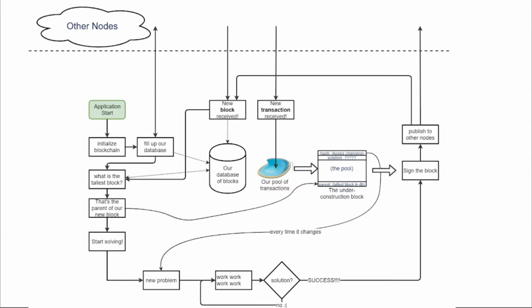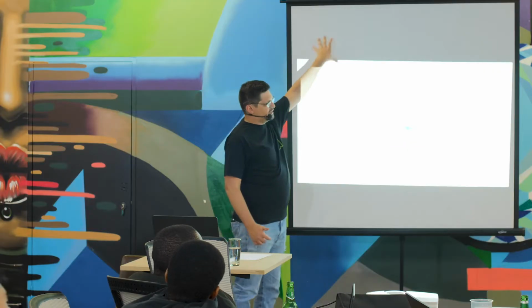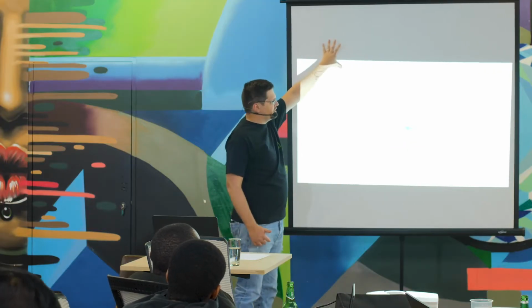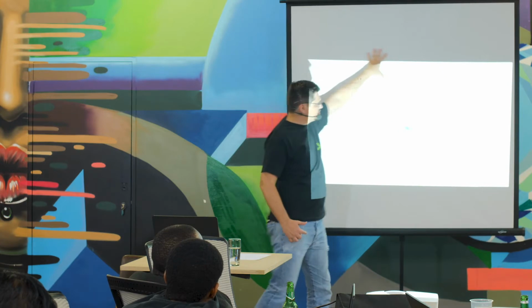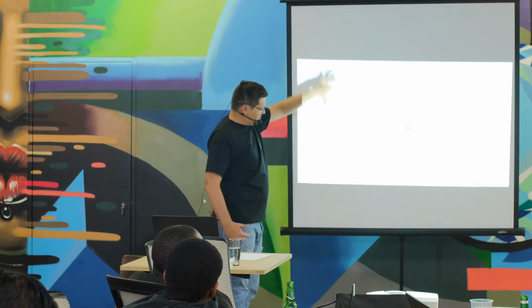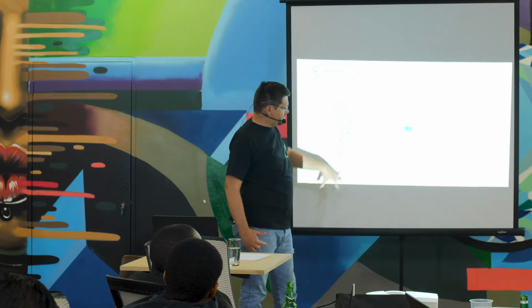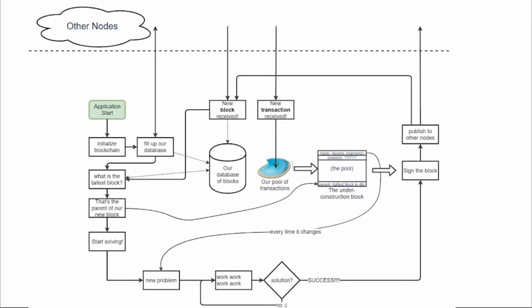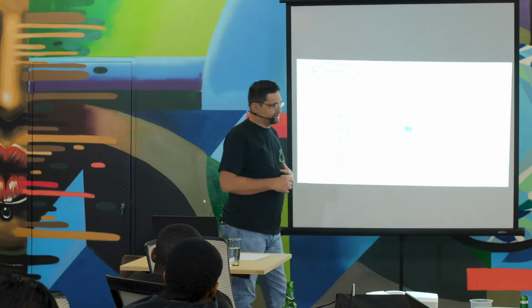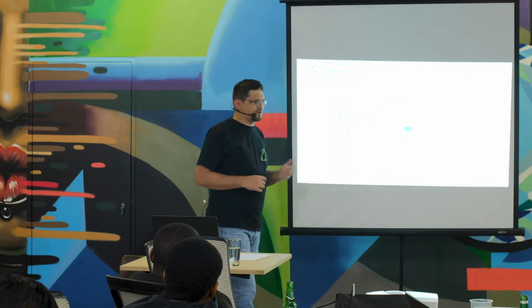How it works is you've got a way to communicate with other nodes, and this is what the top part represents. And we've got our process. In here we have a database of all the blocks that we know about, and we keep that around in storage. In memory, we keep a pool of transactions. Transactions are what we're going to work with.